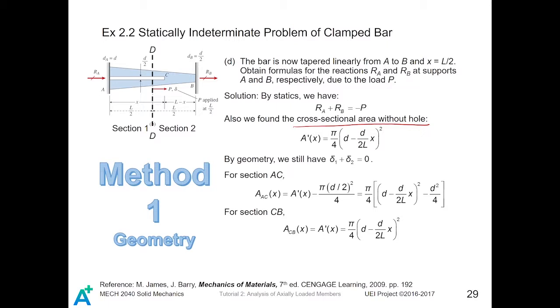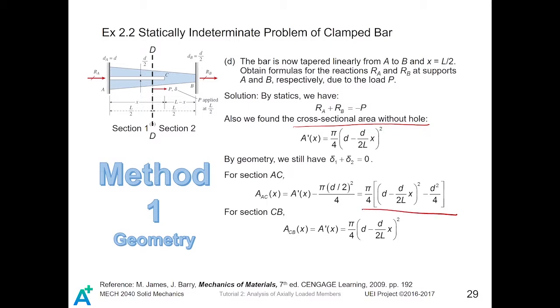Recall that for section AC, since there is a hole, we consider the cross-sectional area of the hole, which is pi times 1/2 of d squared divided by 4. Then you can write the cross-sectional area of segment AC in terms of x in this form.